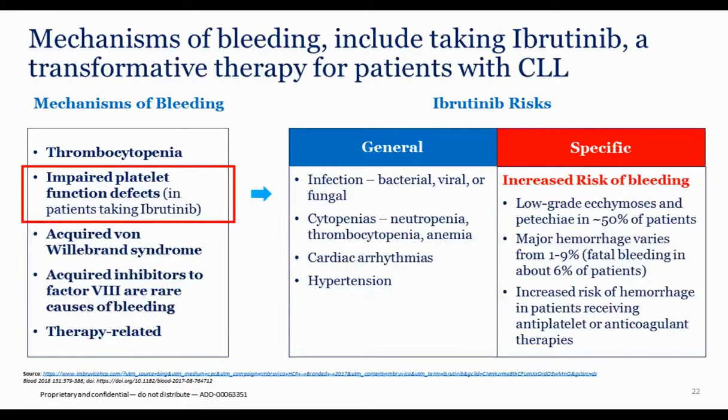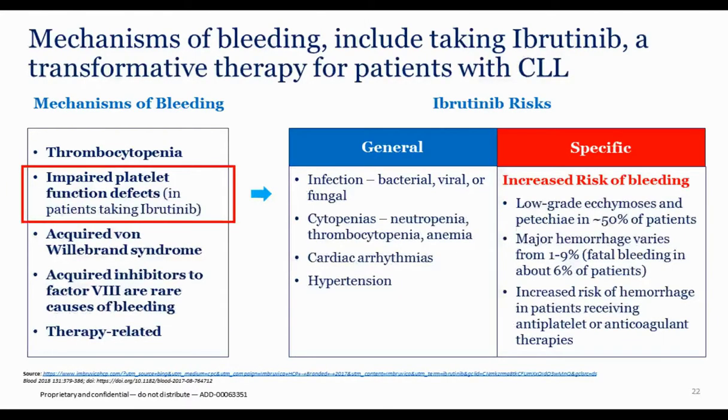One of these particular therapy-related bleeding abnormalities that I'll talk about deals with patients who take a drug called Ibrutinib. Ibrutinib has been described as a transformative therapy for patients with high risk and relapsed refractory CLL.